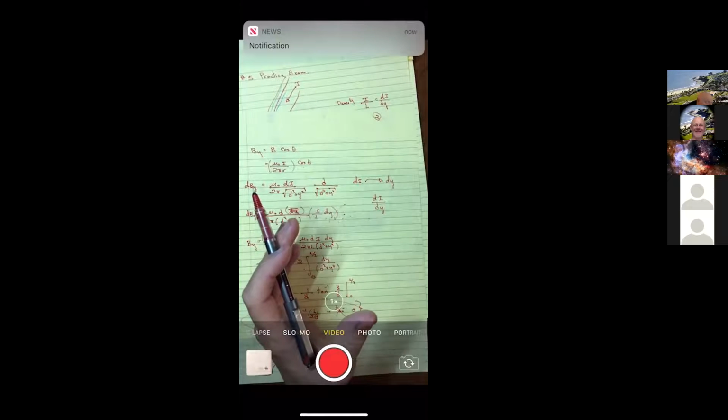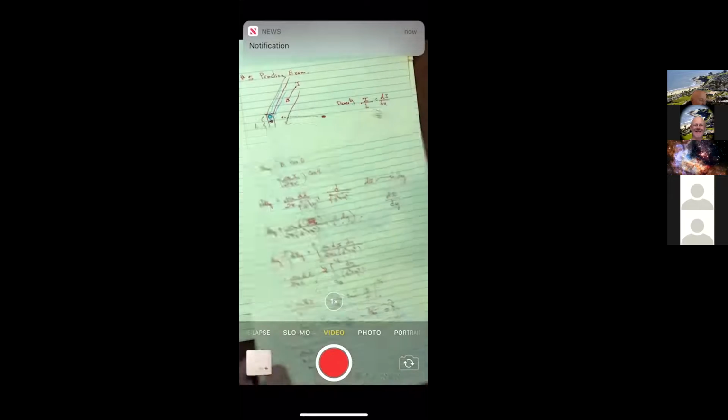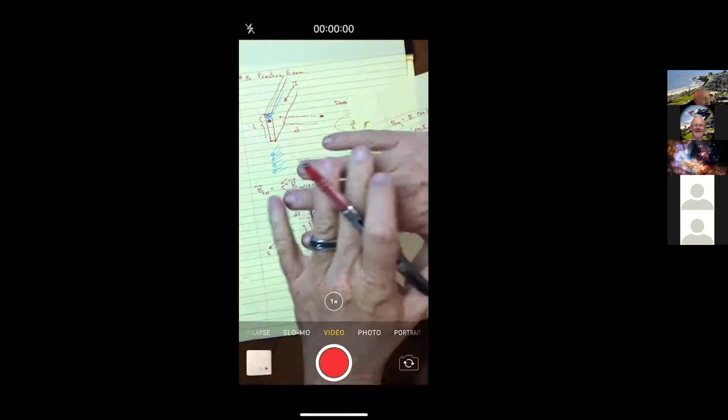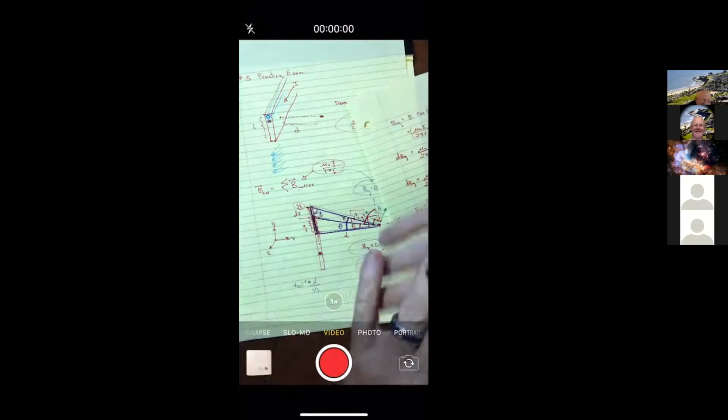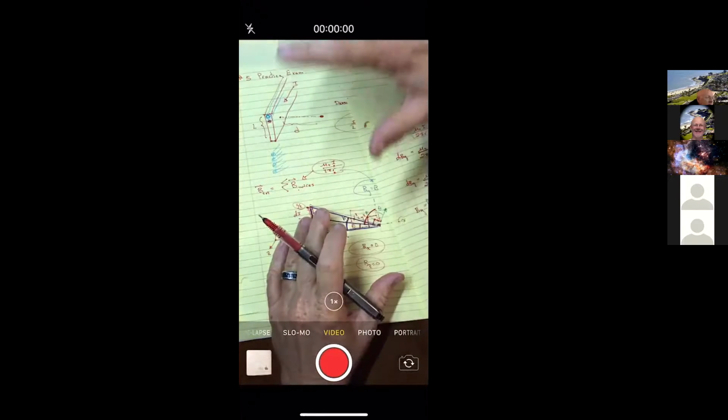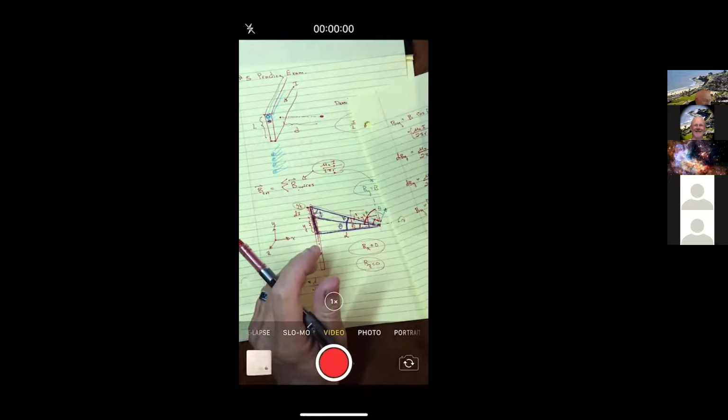But what does fit this problem really well is that the current is spread out uniformly. It has a density. The current is spread out equally in terms of the vertical axis.